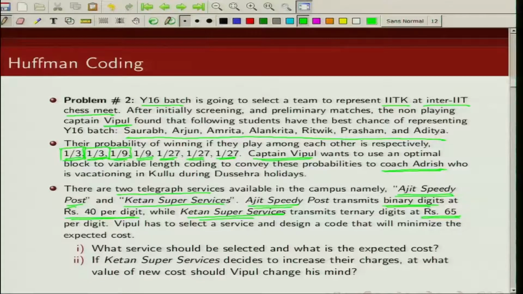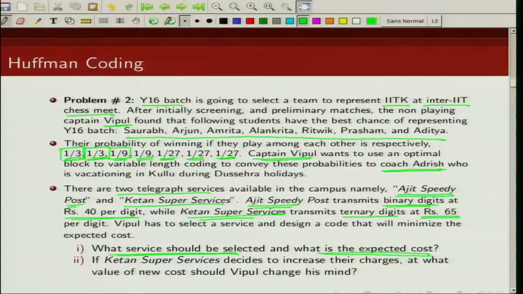Vipul has to select one of these telegraph services: either Ajit Speedy Post which sends binary bits and charges 40 rupees per bit, or Ketan Super Services which transmits ternary bits and charges 65 rupees per ternary bit. So what service should Vipul use to communicate this information to his coach Adrish, and what is the expected cost? That is the first question.